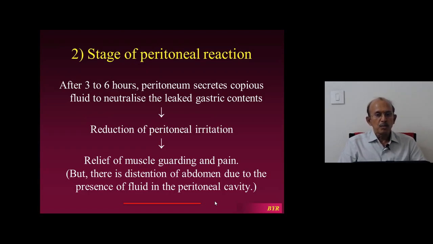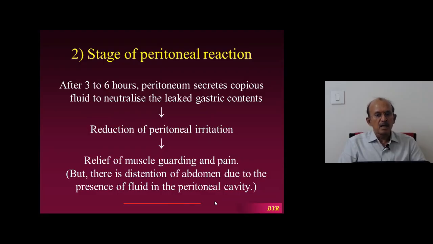How not to miss a perforation? You go with the pulse rate. So in the second stage, though the pain is reduced, the pulse rate is still rapid. A rapid pulse rate, persistent rapid pulse rate or increasing pulse rate always denotes some pathology in the patient.